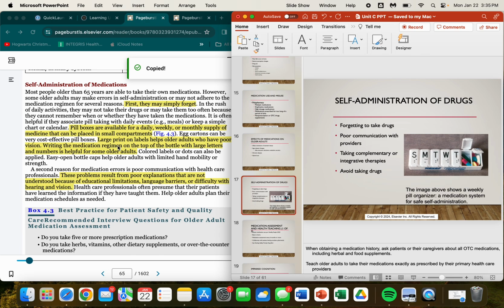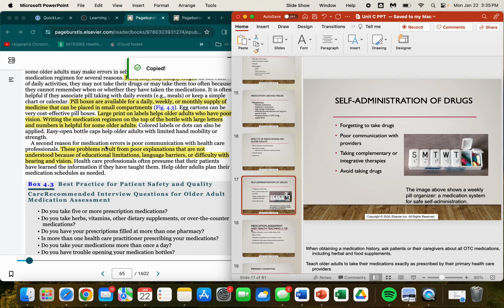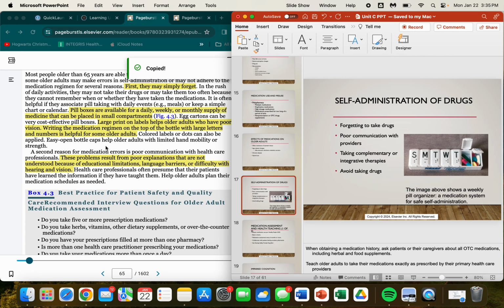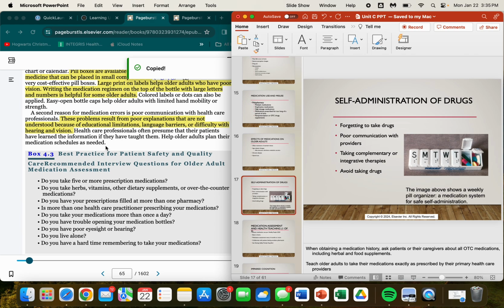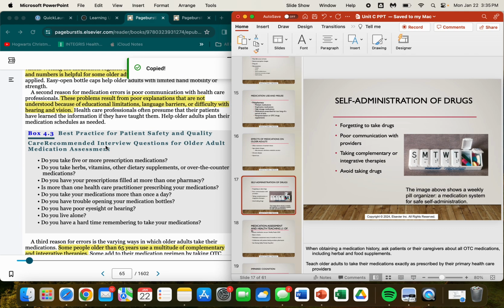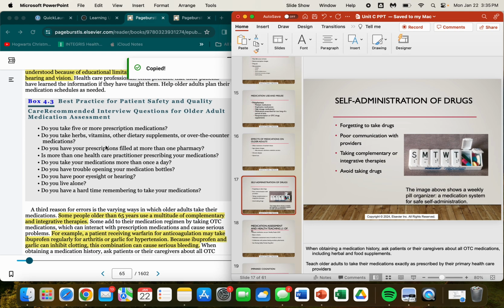Write on the actual vial exactly how often and exactly how many to take every day. Patients often have very large misunderstandings about how to take their drugs. Poor explanations, language barriers, and educational limitations can all compound into patients not taking their drugs appropriately.